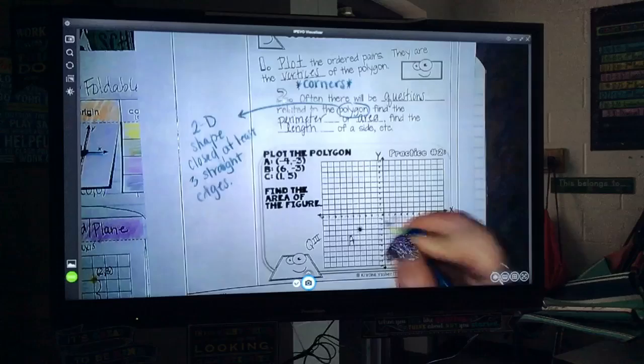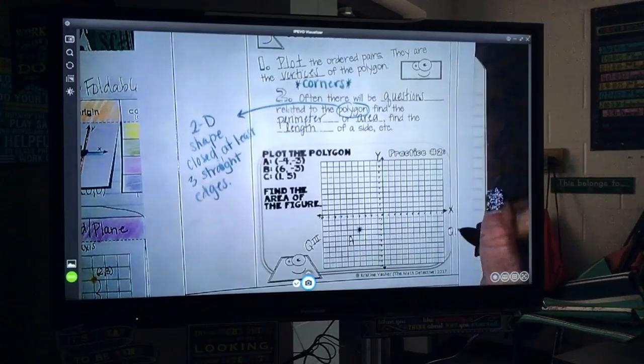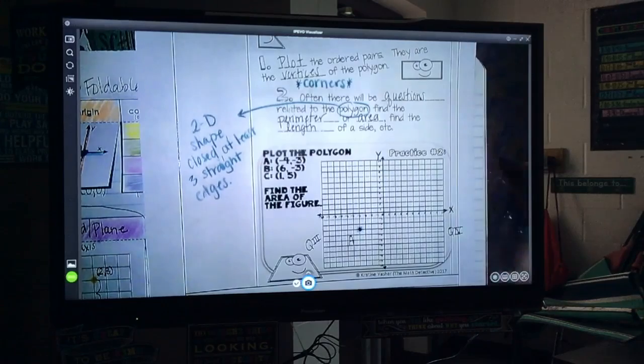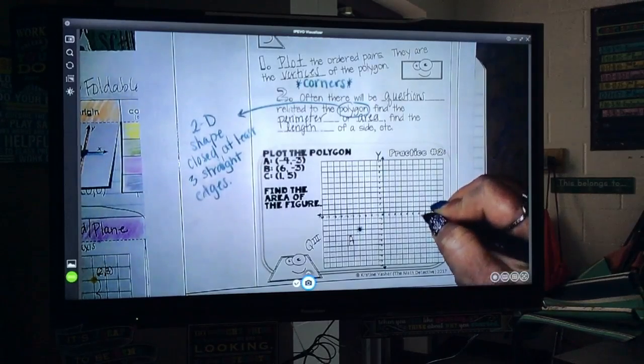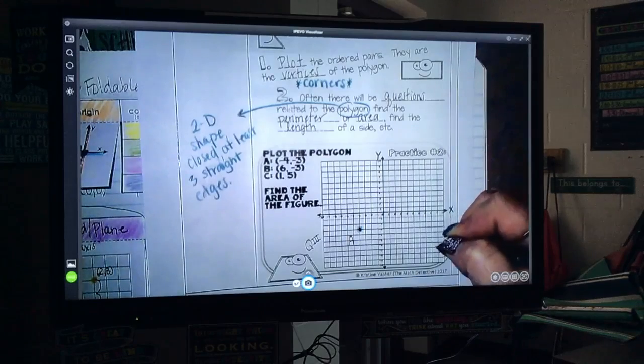Alright, tell me how to get to B and where it is located. Cooper: It's in quadrant 4. It's on the 6 of X, and then you go across and it's on -3 of Y. So I'm going to the right, and then I'm going down.